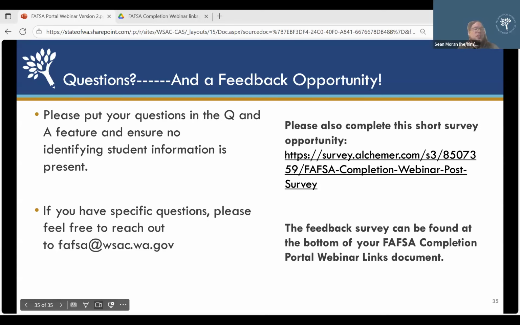For the FAFSA completion dashboard, the data itself, the link that Christina shared, you do not need to log in or anything. That is a public dashboard. But if you want to access your individual access, it would be portal.wasac.wa.gov.